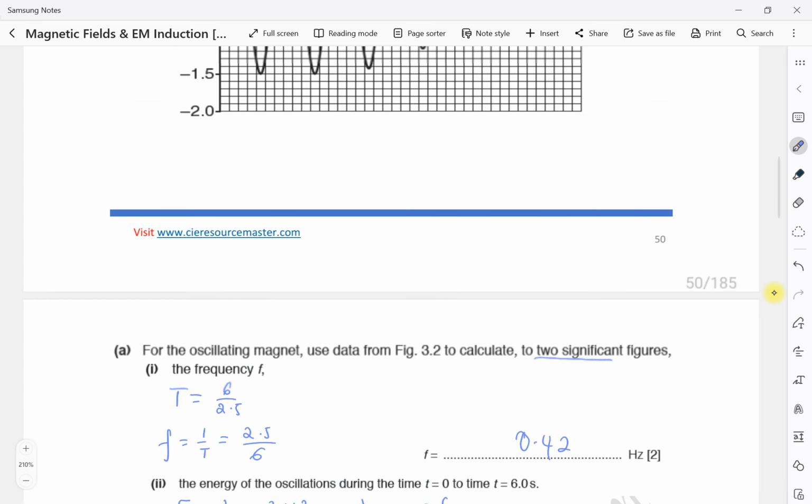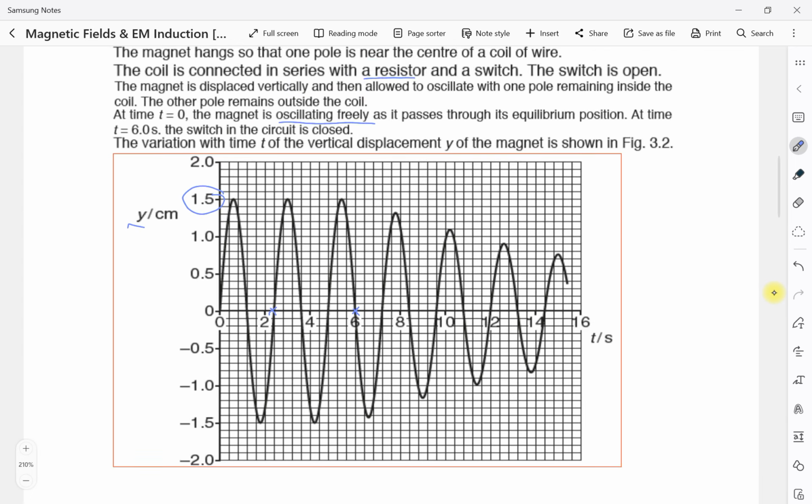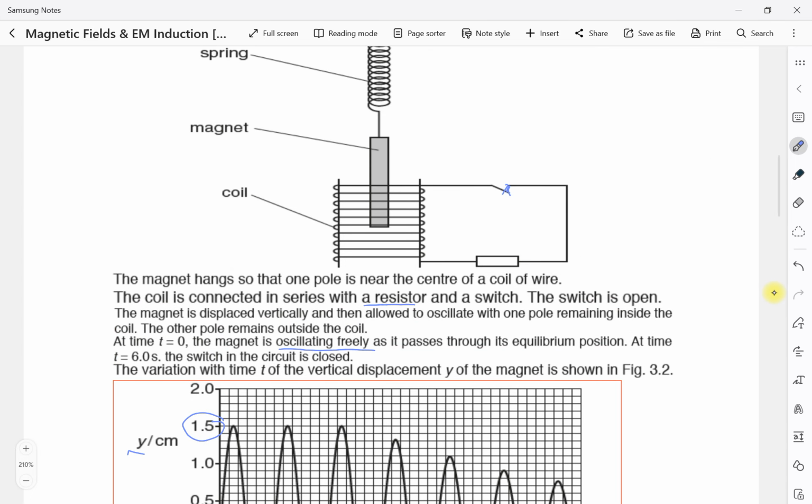So now that the coil is cutting the magnetic field of the magnet, this is inducing a current in the coil, which is going to flow to the other end. Note that we have a resistor here. So current flowing through this resistor is going to dissipate energy because there will be power dissipated here, where power is I squared R, and therefore there will be energy dissipated here, which will be I squared R times T.